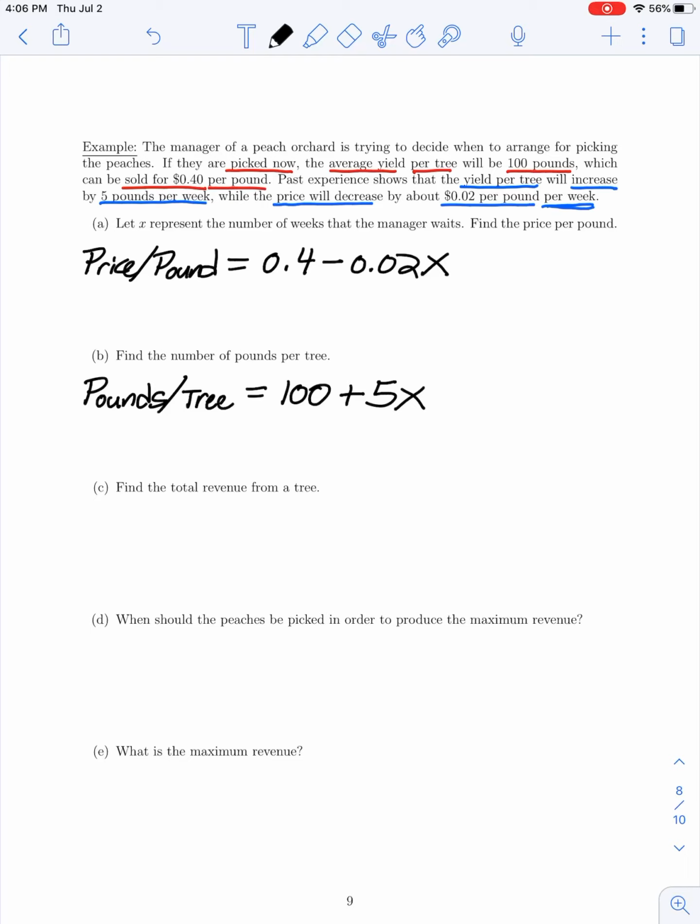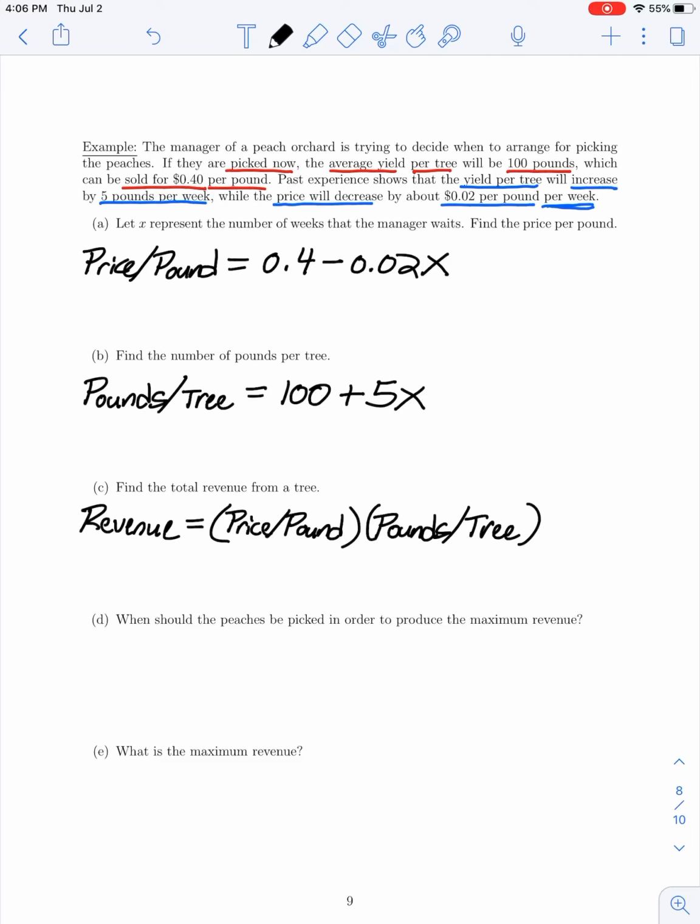So given this information, in part C we're asked to find the total revenue produced from a single tree. So here our revenue, which we'll call R of x, would be found by taking the price per pound, how much we can make for each pound, and then multiplying by the number of pounds per tree.